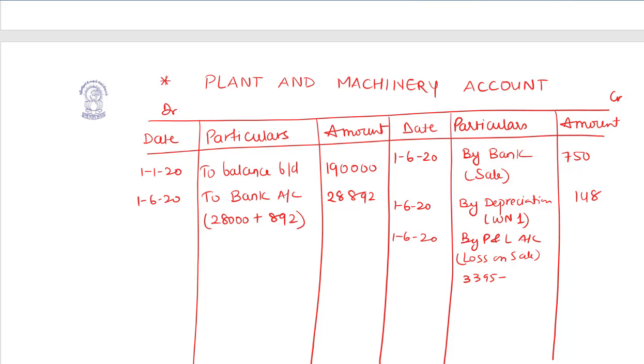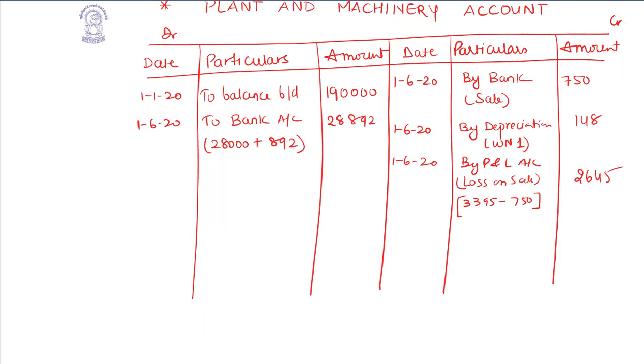The book value was 3395 and sold it for 750. So the loss incurred is 2645.